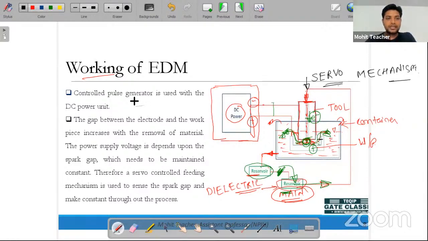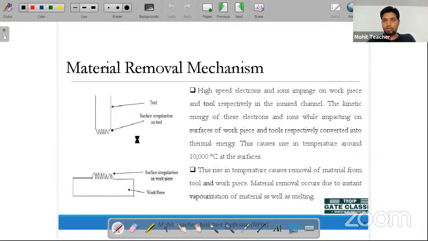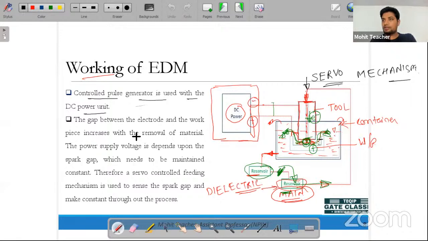Whatever I have written, let's see this one. A controlled pulse generator is used with the DC power unit. I will tell you this part tomorrow. Why are we using the controlled pulse generator with the DC power unit? I can tell you, but I will tell you tomorrow, about the voltage and the current.